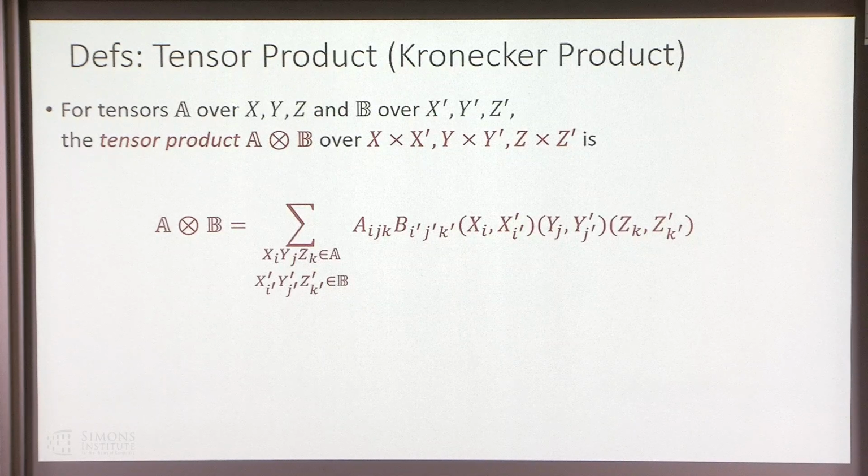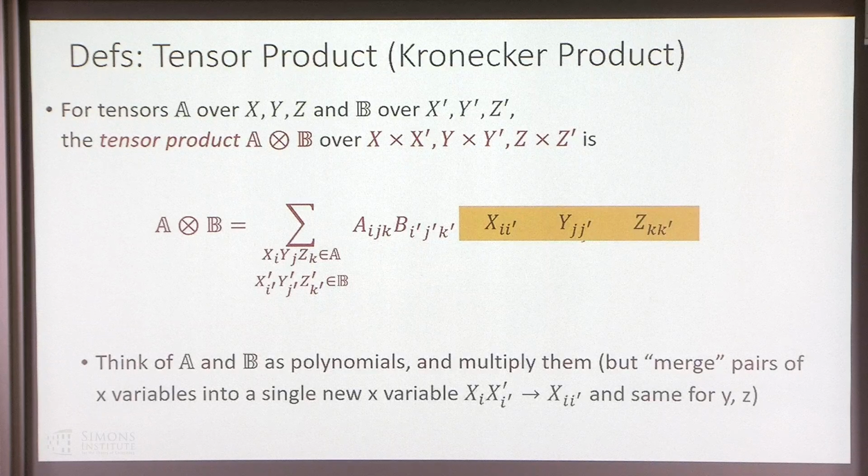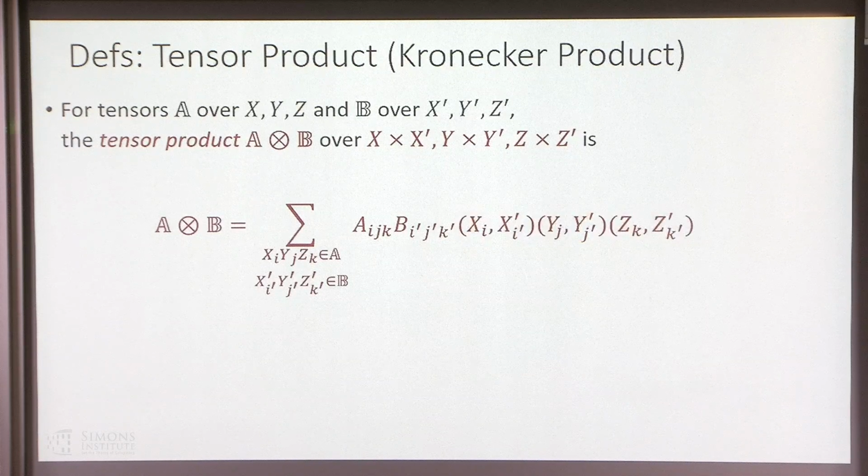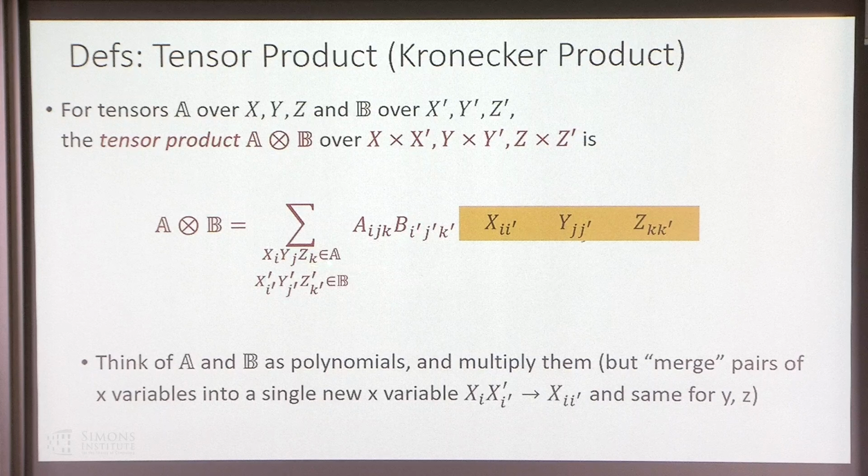We can define a new tensor, their Kronecker product: you take all the triples ijk and i prime, j prime, k prime, and you take a_ijk times b_i'j'k', and the variables are just pairs of the original variables. This sum is over all pairs. You can think of A and B as polynomials, you multiply them, and then you replace their variable sets with new variables that correspond to pairs. So this is the Kronecker product.